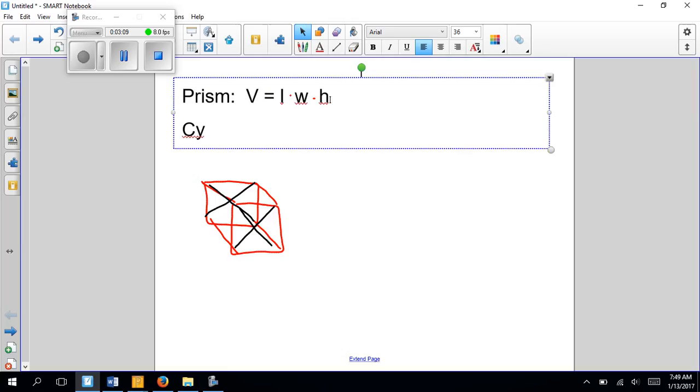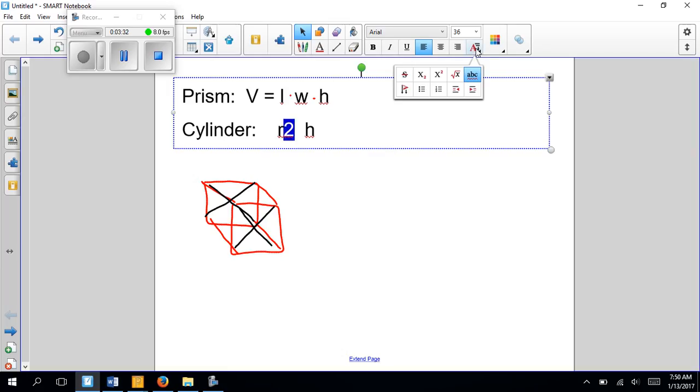The second one is cylinder, C-Y-L-I-N-D-E-R. Hopefully you talked about this one yesterday. So cylinder, maybe you're looking at a pop can. You want to know how much fluid can go into that pop can. The formula is pi times radius squared times height.